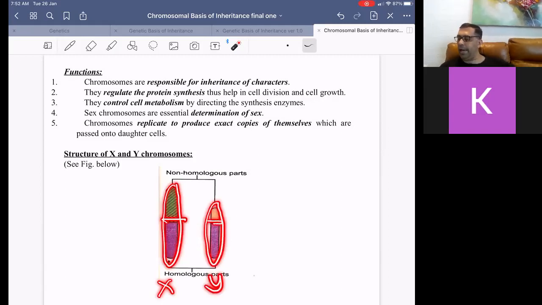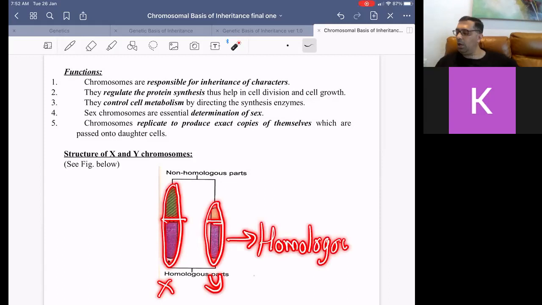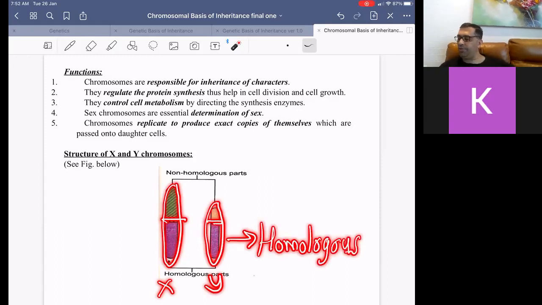Homologous, ये homologous है और इनके अंदर जीन सिमिलर है. जीन सिमिलर है तो what genes we have?